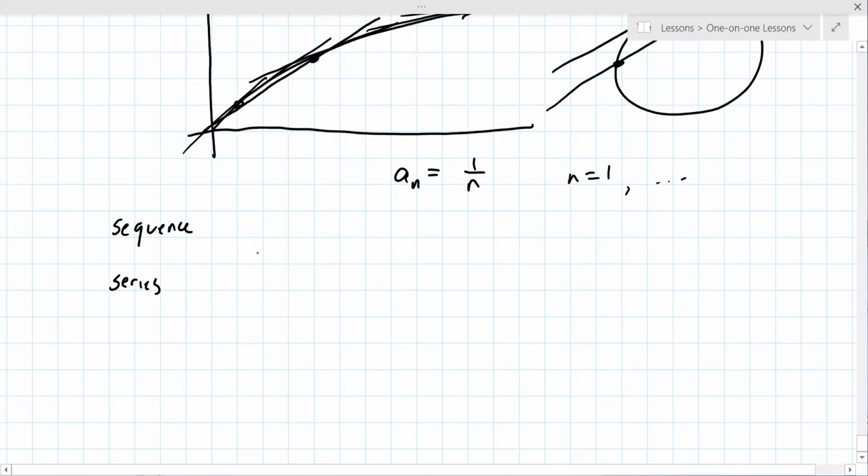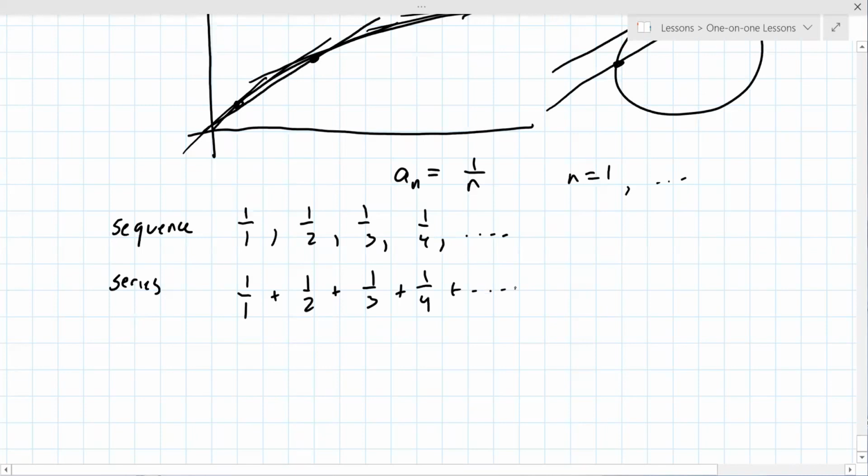So the sequence is 1 over 1, comma, 1 over 2, comma, 1 over 3, comma, 1 over 4, and so on. The series is 1 over 1 plus 1 over 2 plus 1 over 3 plus 1 over 4, and so on. So the difference is the sequence is just a list of the numbers. The series is the summing of them.